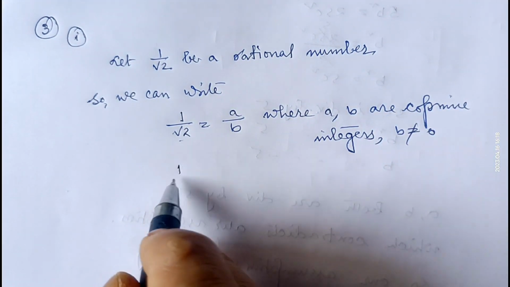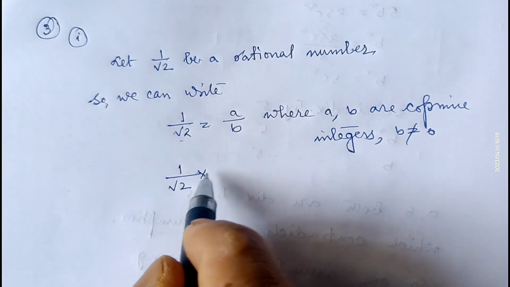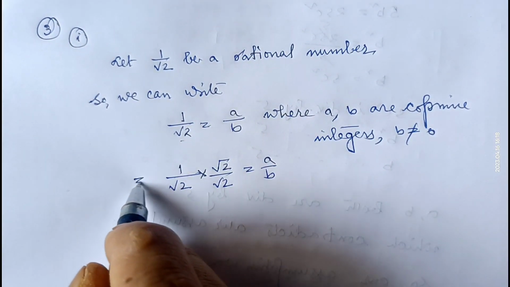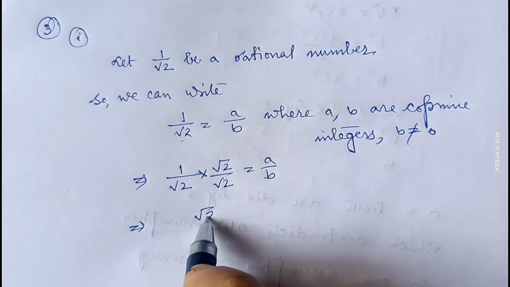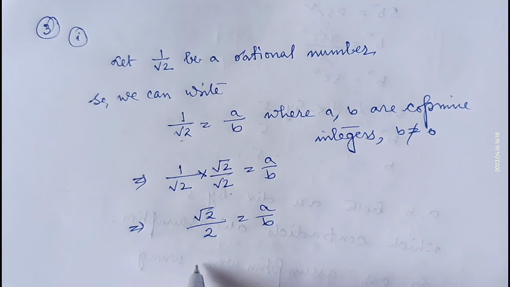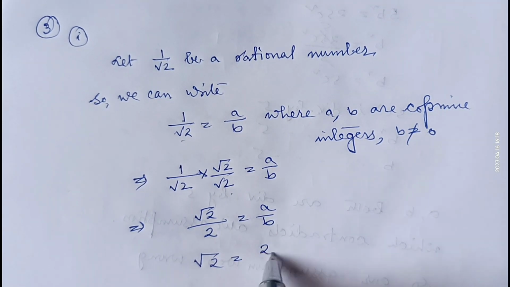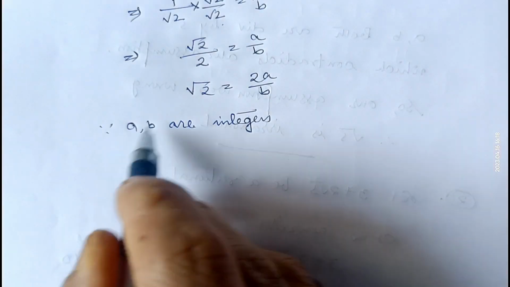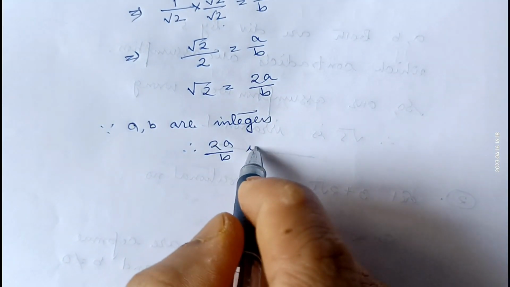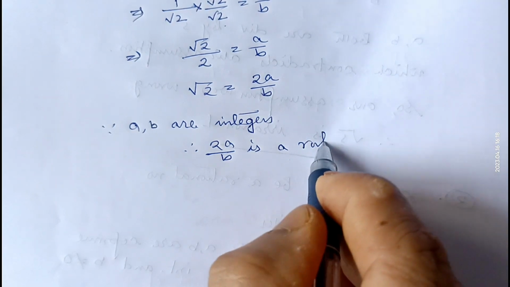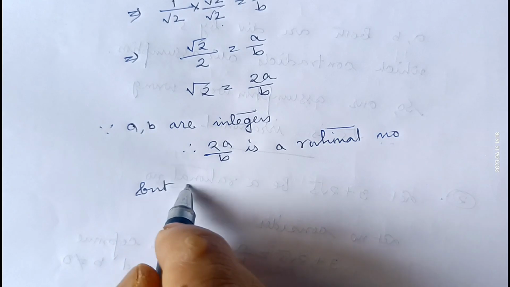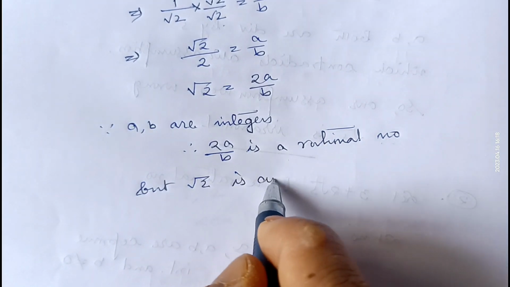Now we can rationalize this one, 1 by root 2. If we multiply by root 2, root 2 into root 2 is 2, equals a by b. So root 2 equals 2a by b. Since a and b are integers, 2a by b is a rational number, but root 2 is an irrational number.